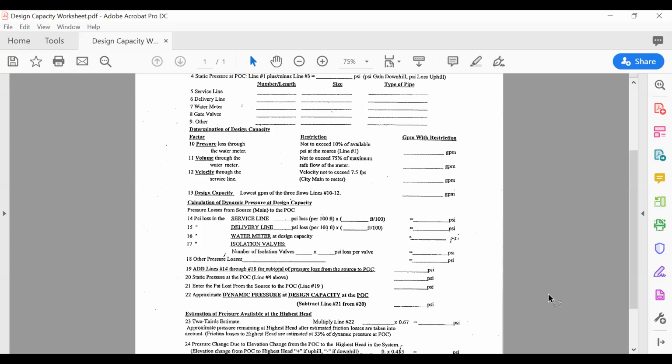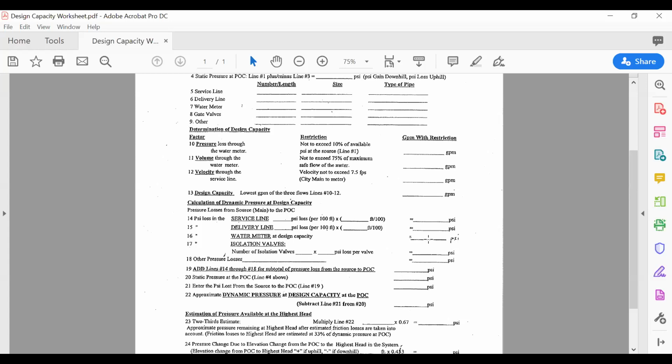Oh no, that was wrong. So line 14 should be 8.38 psi. Line 15 should be 0.45 psi. And line 16 should be 1.8 psi.